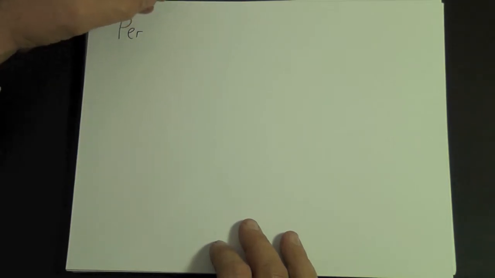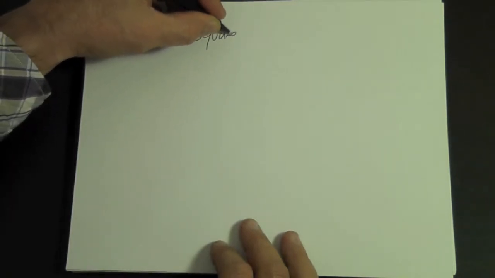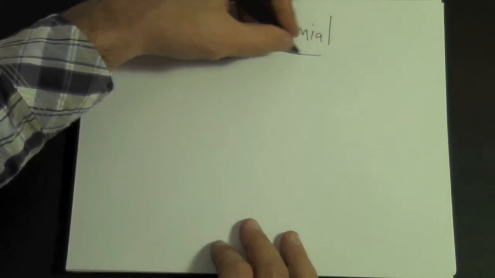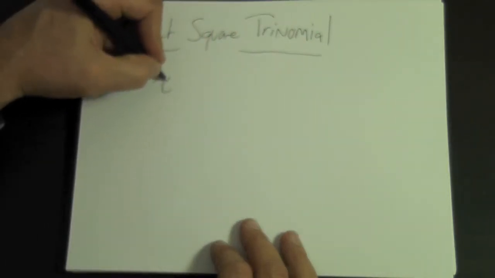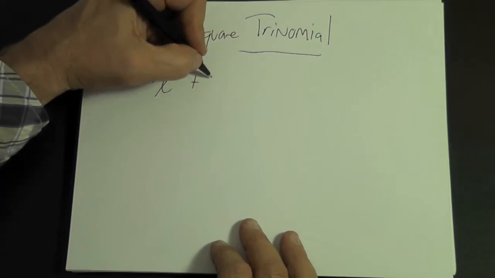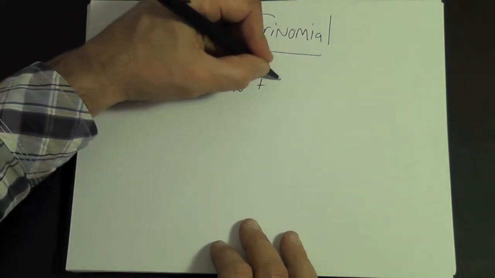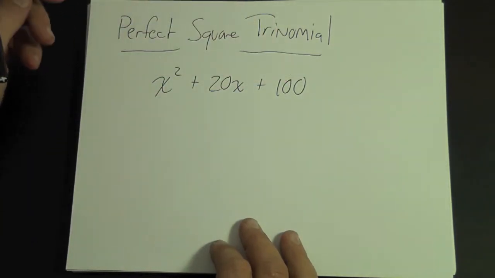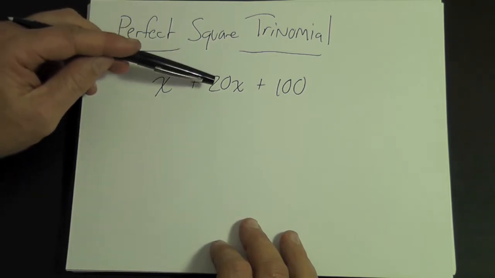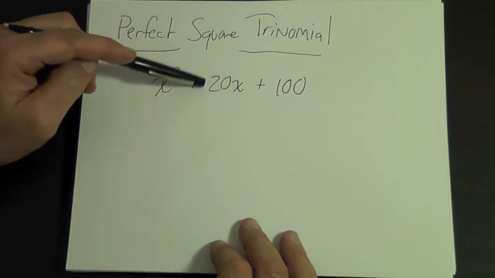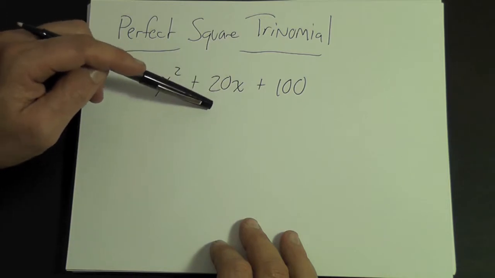So let's think about what we mean when we say a PST, or a perfect square trinomial. If you have x squared plus 20x plus 100, to determine if this is a perfect square trinomial, what you do is you look at this number, the b, 20, and take half of it.